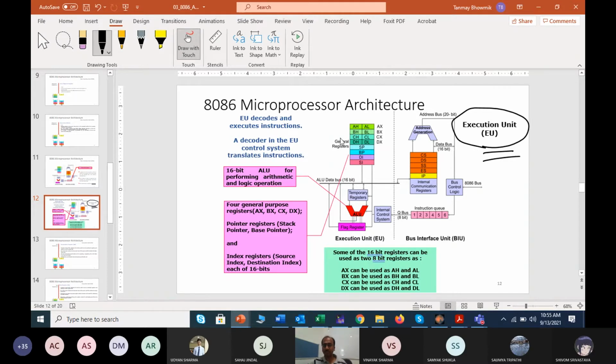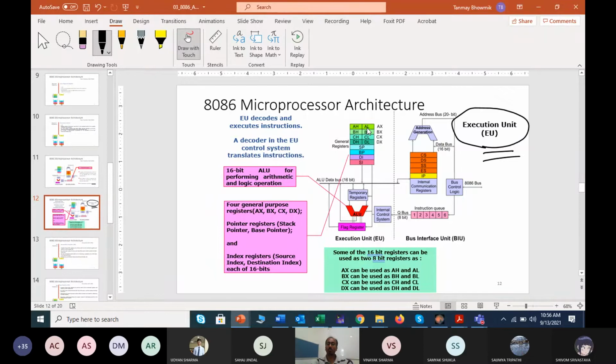This side is your execution unit, and here you will see that there is an internal control system, a flag register, an ALU, temporary registers, and some general purpose registers. General purpose registers like AX, BX, CX, DX, we will discuss in detail.